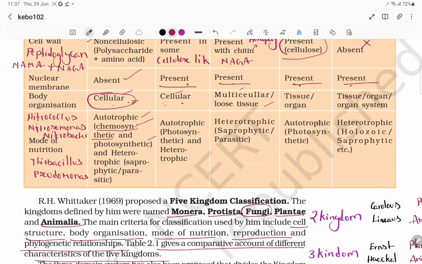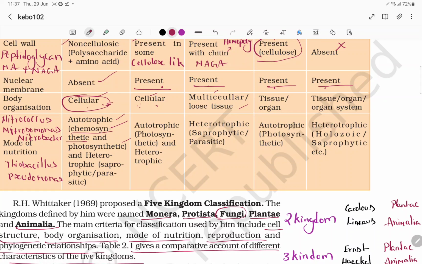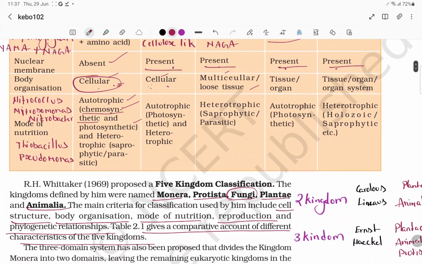Next, photosynthetic. So autotrophic as well as photosynthetic. Photosynthetic we already know: blue-green algae like Anabaena, Nostoc. Usually Anabaena and Nostoc can live freely, but only in symbiotic association can they fix nitrogen. And next, heterotrophic.